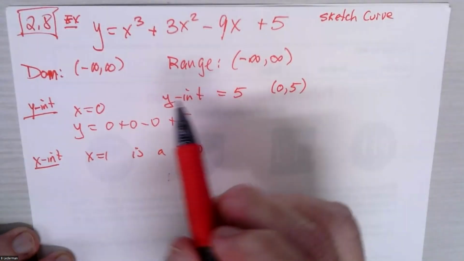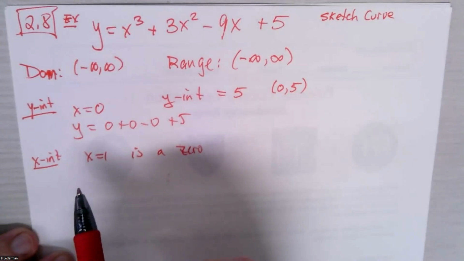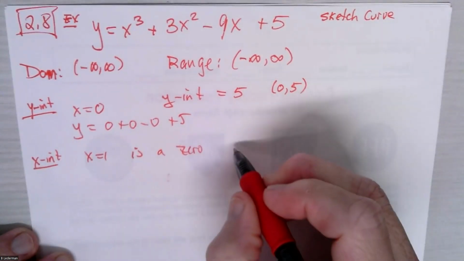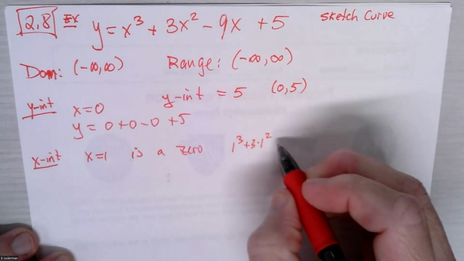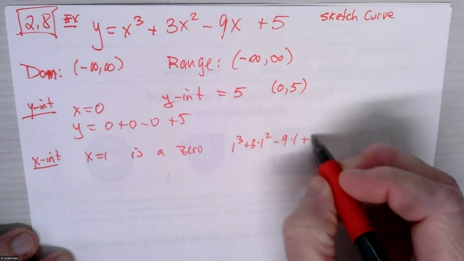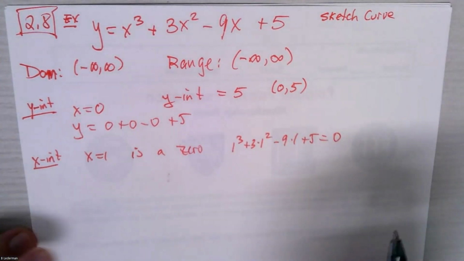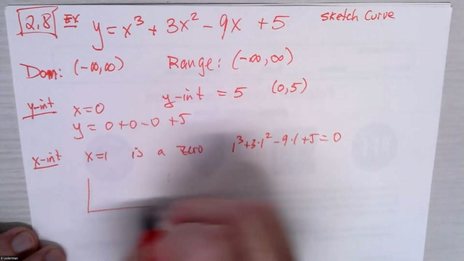Adding up the coefficients is the same thing as letting x equal 1: 1 to the third plus 3 times 1 squared minus 9 times 1 plus 5 equals 0. So now I can do synthetic division.